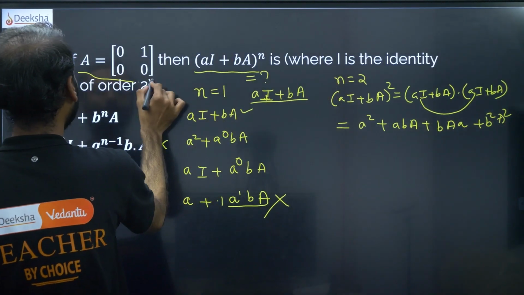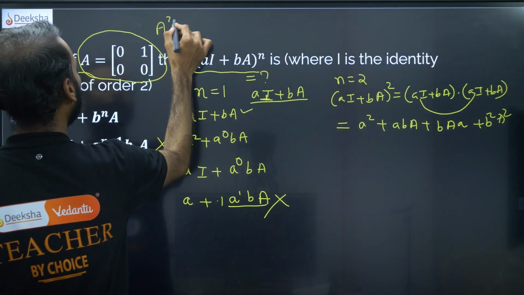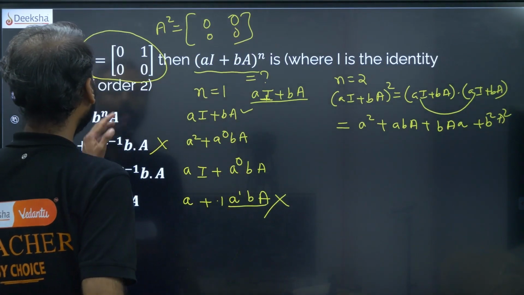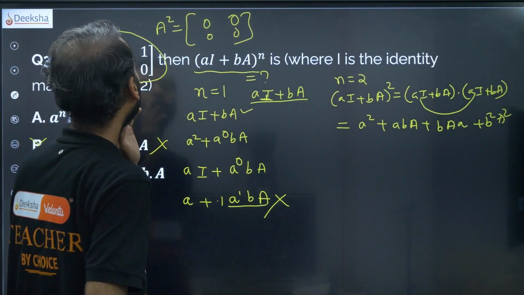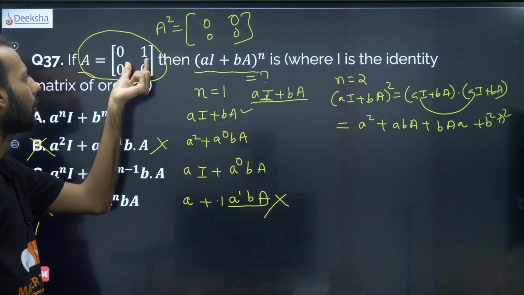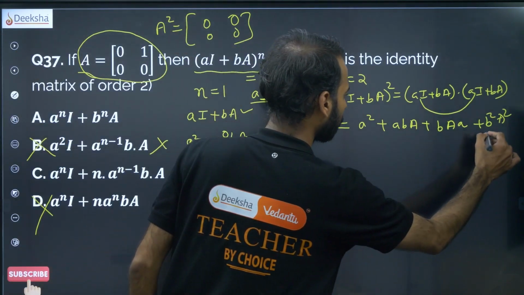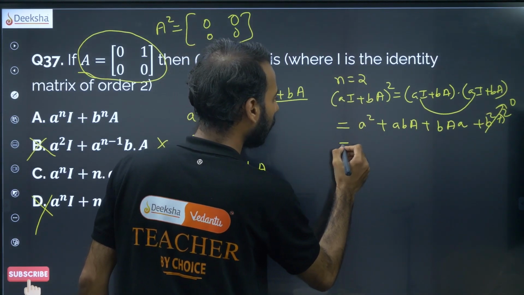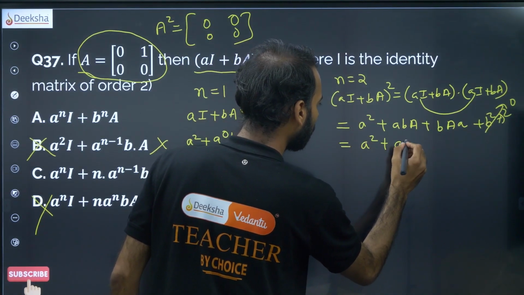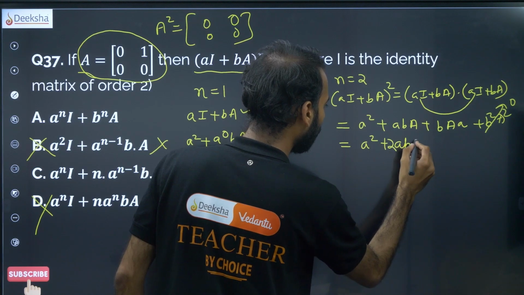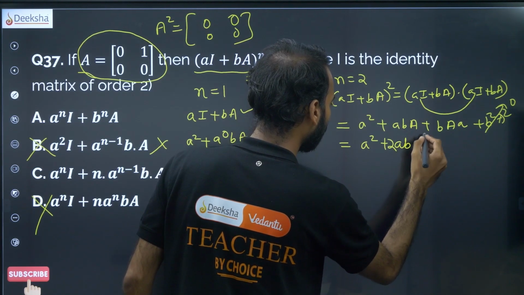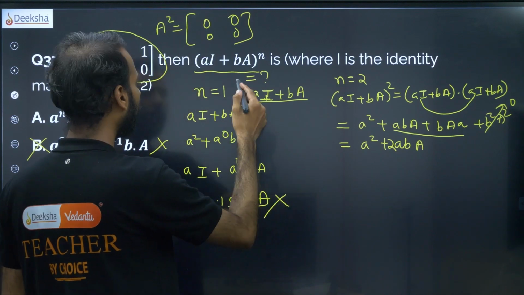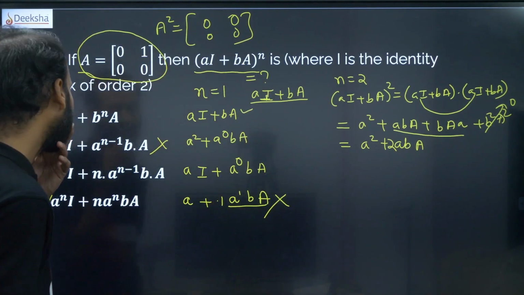Now if A is equal to this, A square will be equal to 0, 0, 0, 0. How? Go for multiplying A into A. This you have to add to your memory. So this term becomes 0. So when n is equal to 2, we'll get A square plus ABA, this becomes 2AB. So when n is equal to 2, the story is this.